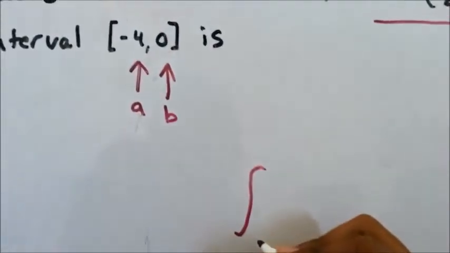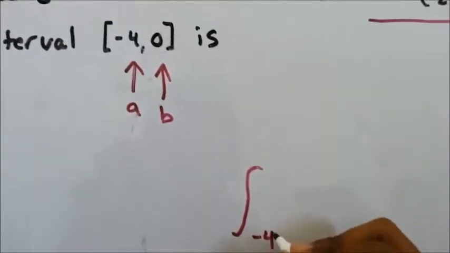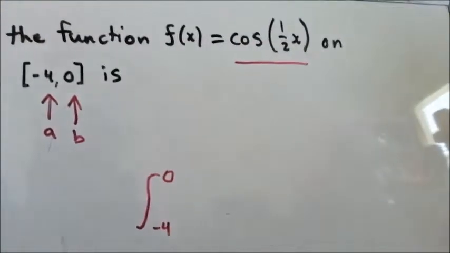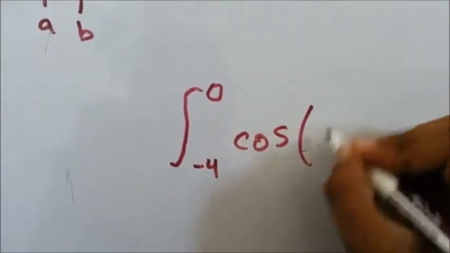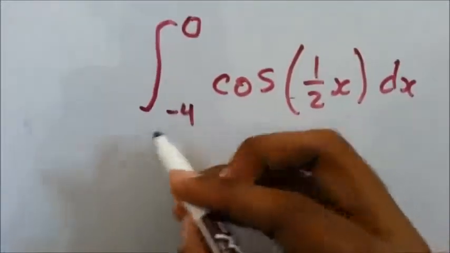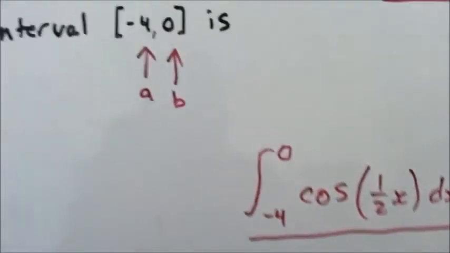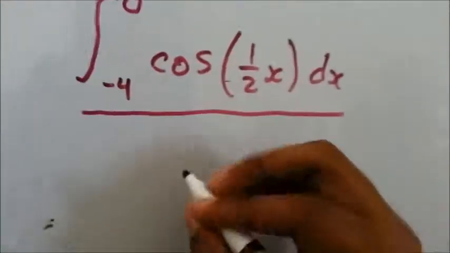The lower limit, which is a, is going to be -4, and the upper limit, which is b, is going to be 0. Then f of x is cosine half x, so that comes next. And we need to divide that by the length of the interval, which is b minus a. So that would be 0 minus -4.